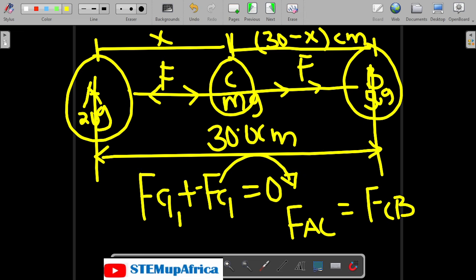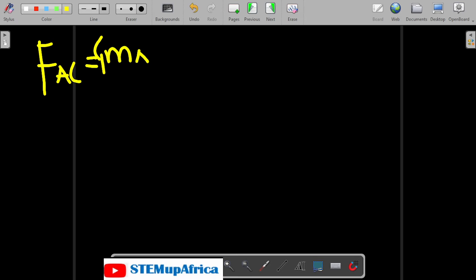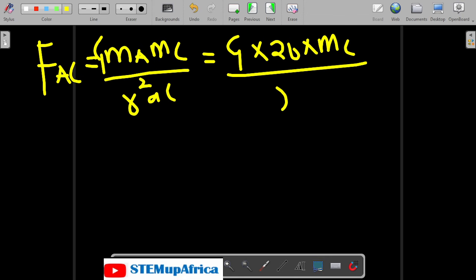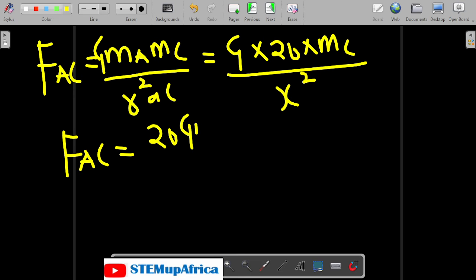So what is FAC? According to Newton's law of universal gravitation, FAC will be G MA MC over r squared AC. G is a constant, so we'll leave it there. G times 20 times MC, the mass of C, which I don't know. The distance is x, so FAC will give me 20 G MC over x squared.